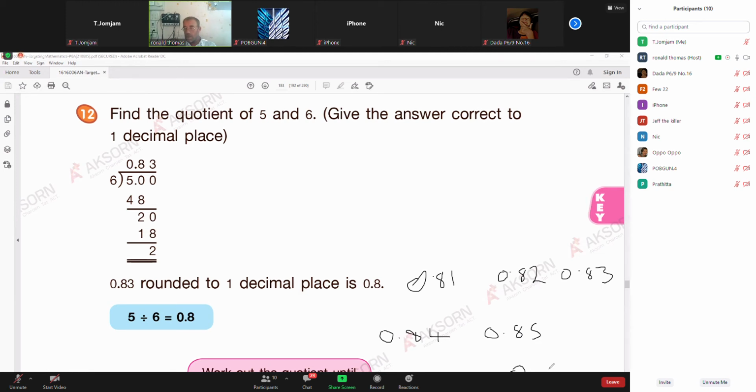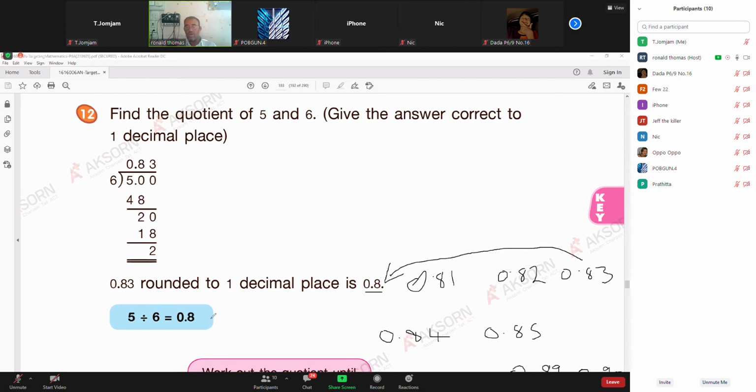0.83 is nearer to 0.8 than it is to 0.9. 0.83 is nearer in number.